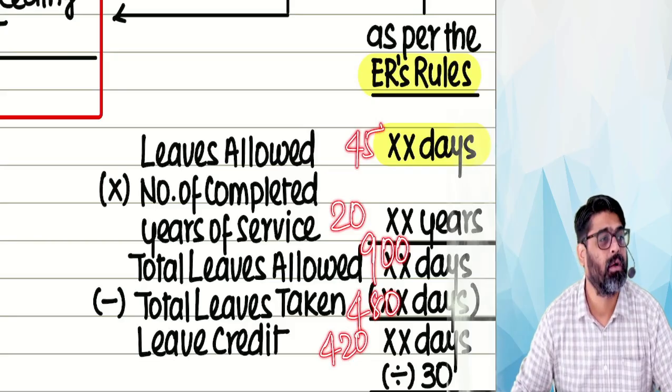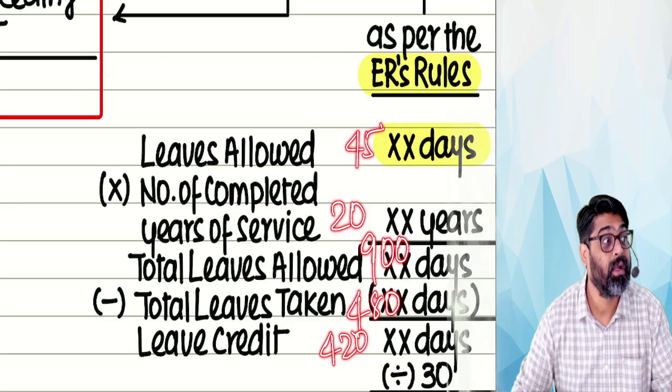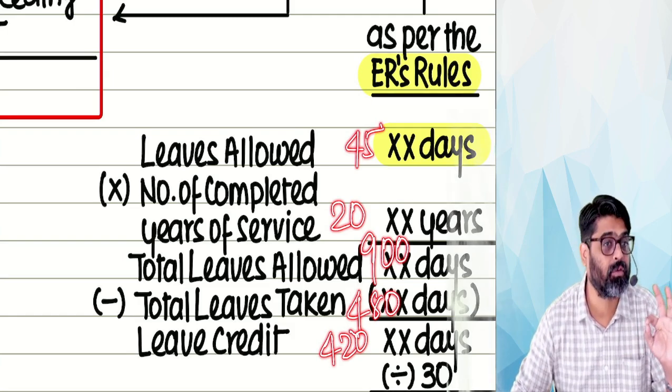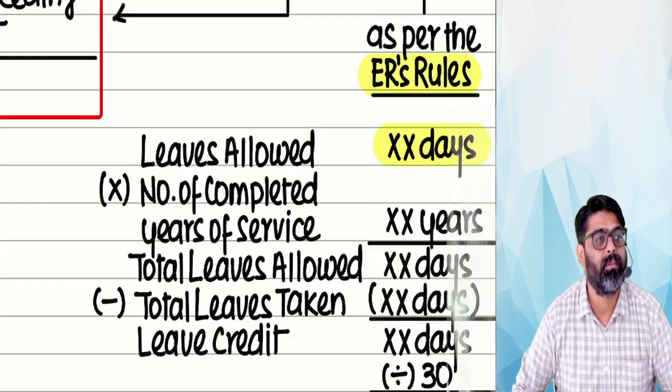This is the credit at the end of your service, meaning at the time of retirement. How many leaves in total have you saved? 420. Yes or no?